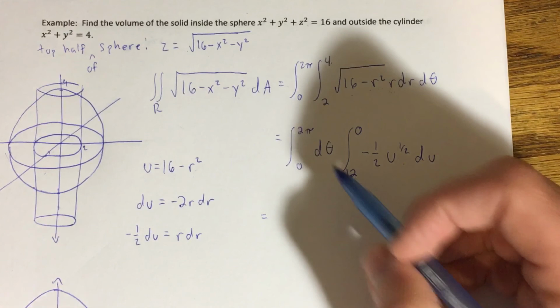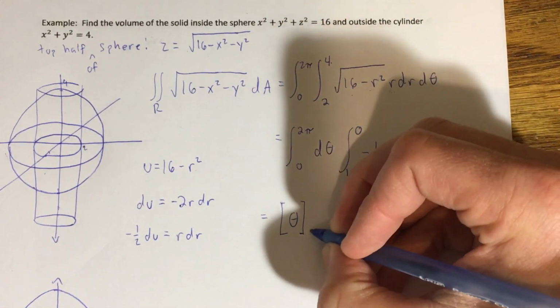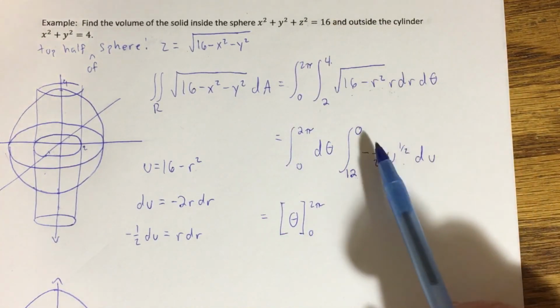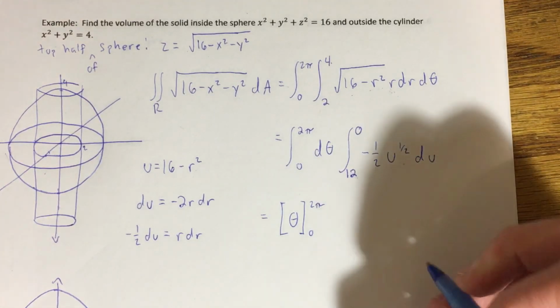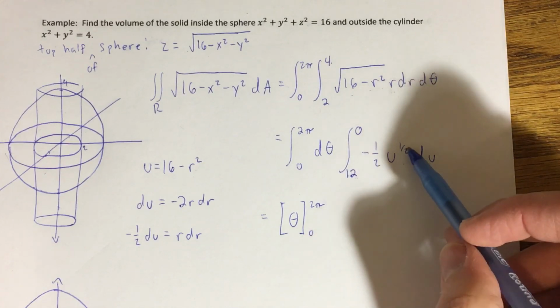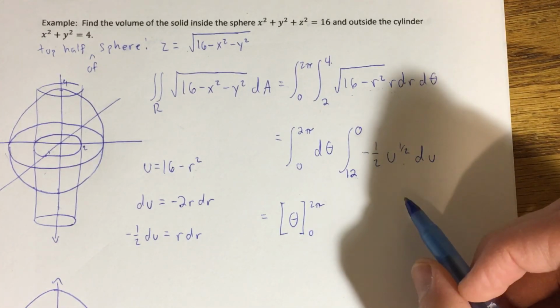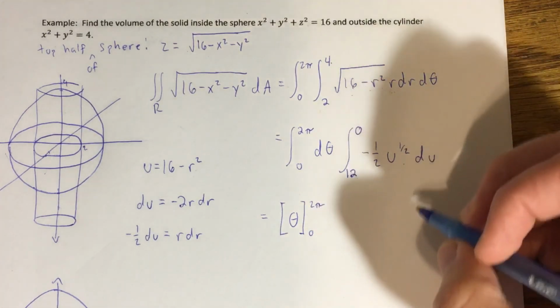Evaluating this, here I'm going to get theta evaluated from 0 to 2 pi. Here, because I have a negative in my integrand, remember you can use that negative to switch the order of integration here, so I'm going to do that, and then I'm also going to integrate this at the same time. So I'm going to get a 2/3 that multiplies to this 1/2, giving me 1/3.